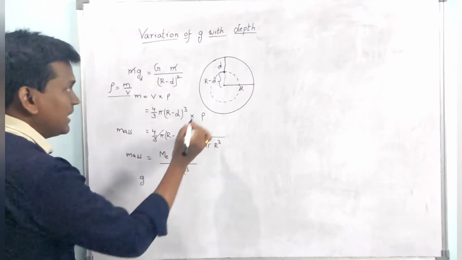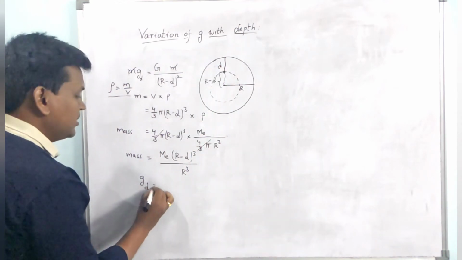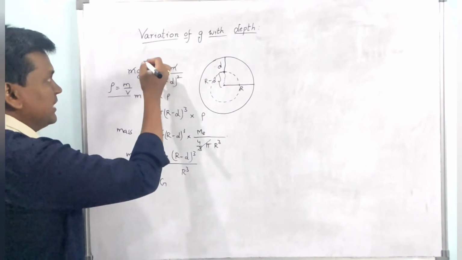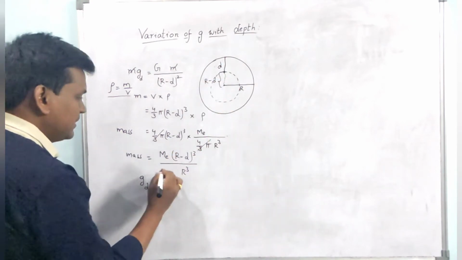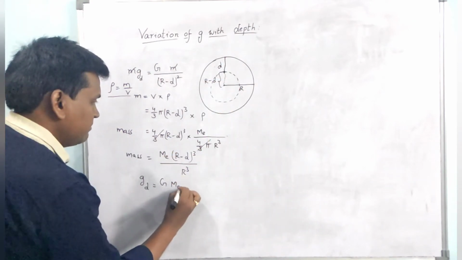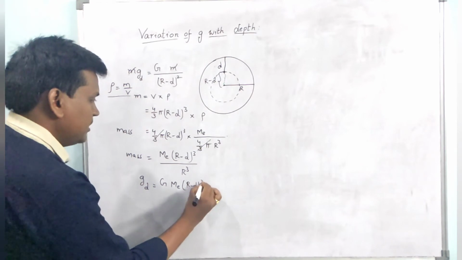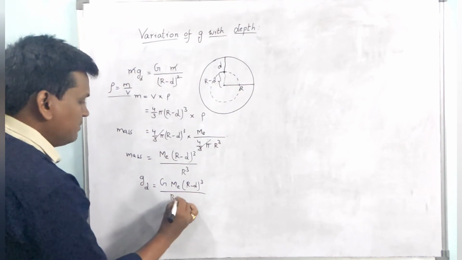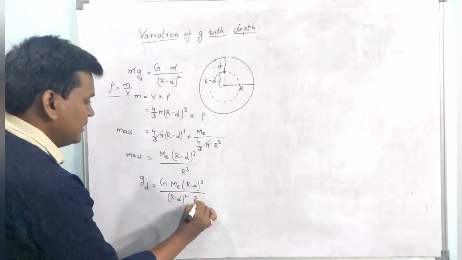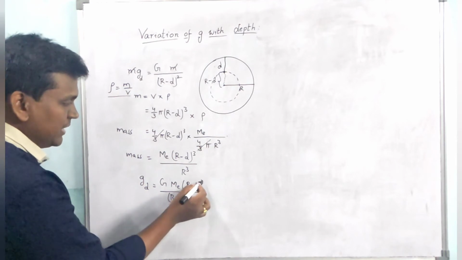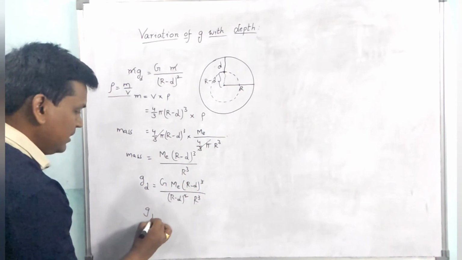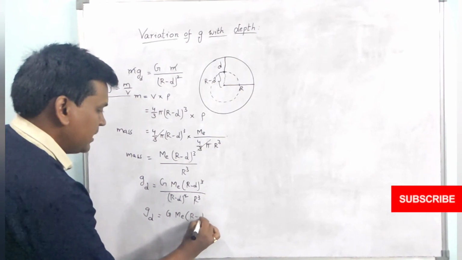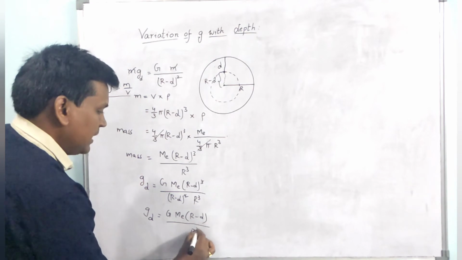So gravity at this depth, g_d, equals G, and instead of M here, the mass of the earth at this region is this one: Me (R minus d) whole cube by (R minus d) whole square into R cube. So square and cube will get cancelled. We'll get g_d equals G Me into (R minus d) by R cube.